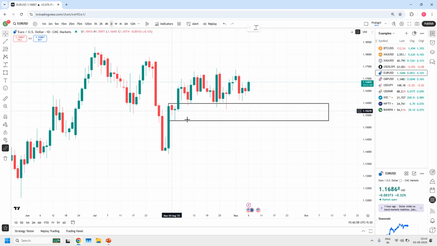So that's why this is a demand zone. Similarly here you see, you have a large candle as a leg in, you have three base candles, and then you have a drop candle as a leg out. So we have a leg in, base candles, and a leg out candle. Now you can draw a zone.